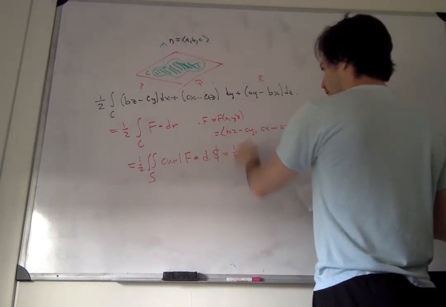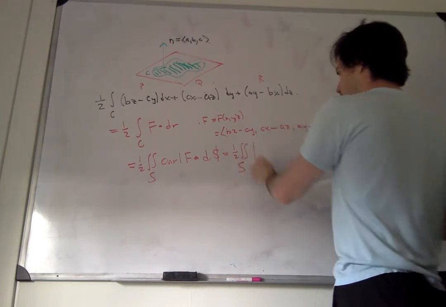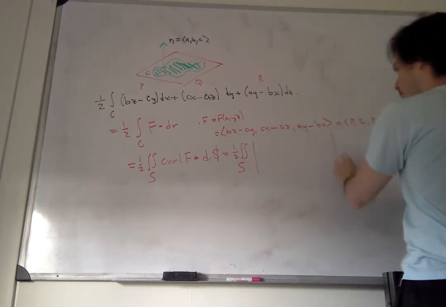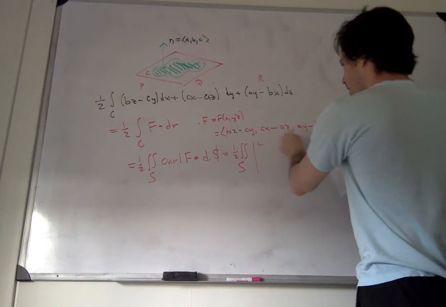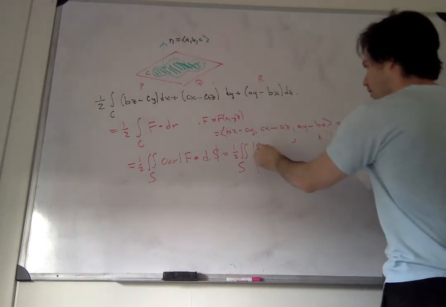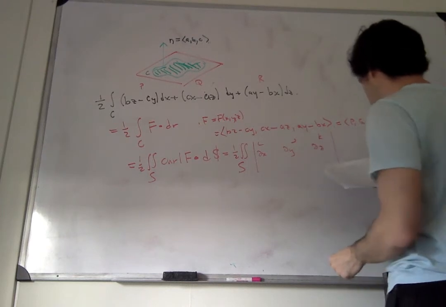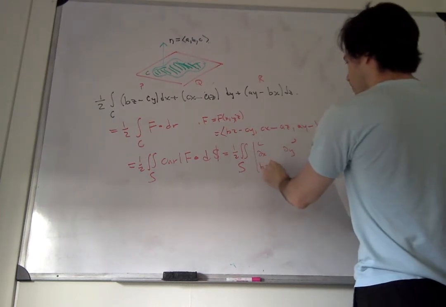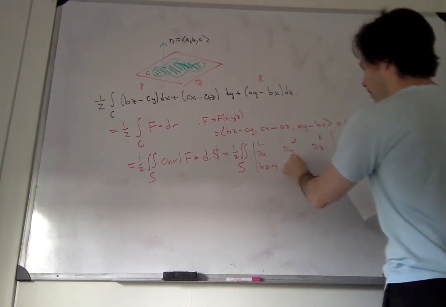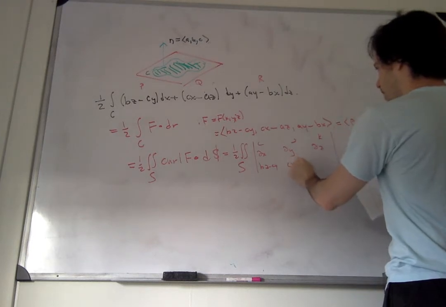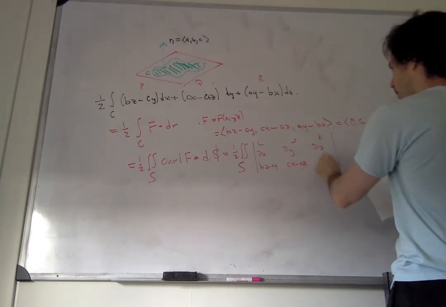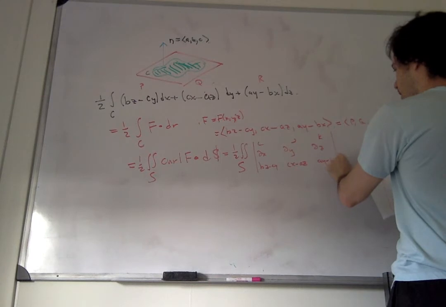So it's one half double integral over S of the curl. This is going to be the determinant with i, j, k, del x, del y, del z, and I'm going to write bz minus cy, cx minus az, ay minus bx.